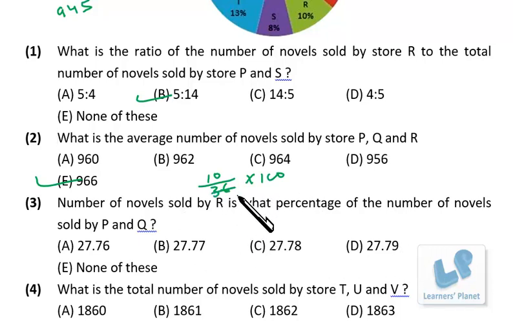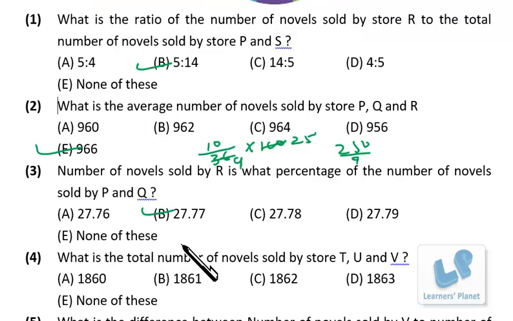So 250 by 9 we need to solve perfectly up to third digit, up to fourth in fact, right? Because there is no other option left with us except for solving. So probably if you solve, I think you'll be getting the answer to be B.